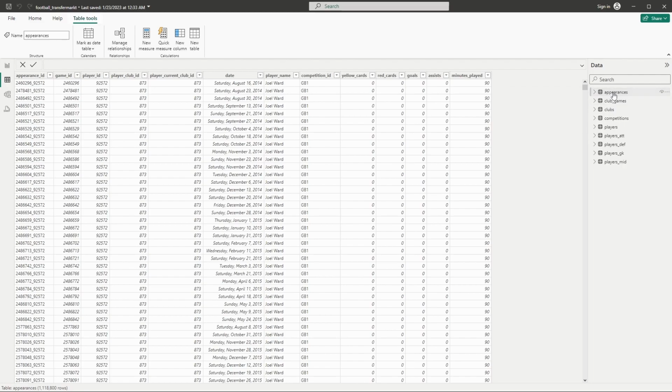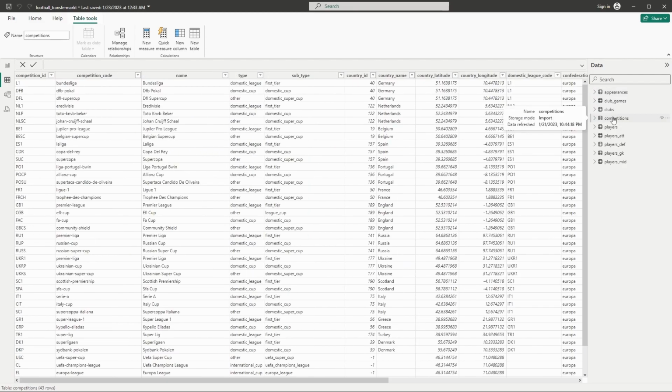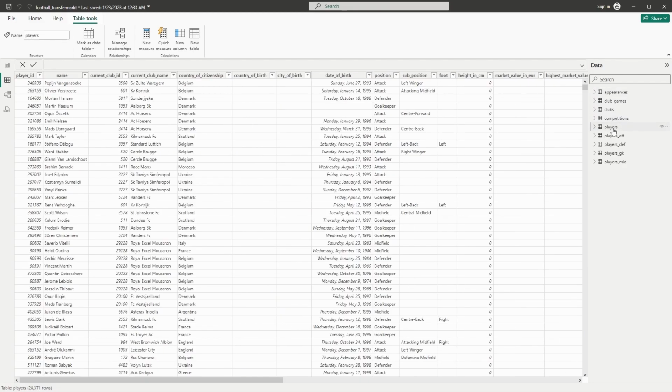So as you can see, I imported the appearances, definitely the clubs, the football clubs themselves, the games, the specific matches, the players. Okay, so if you see the players in particular, they have an ID, their name, their current club, the club name, their nation, and some other details about their position, their sub position and stuff.